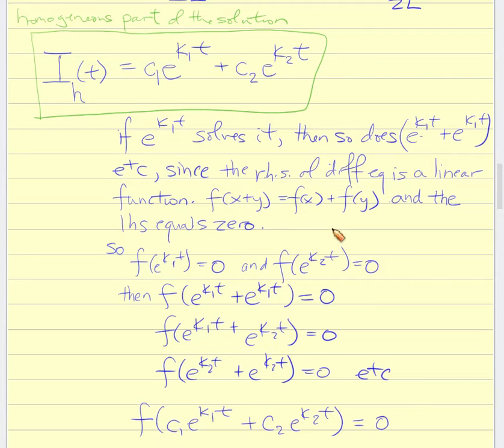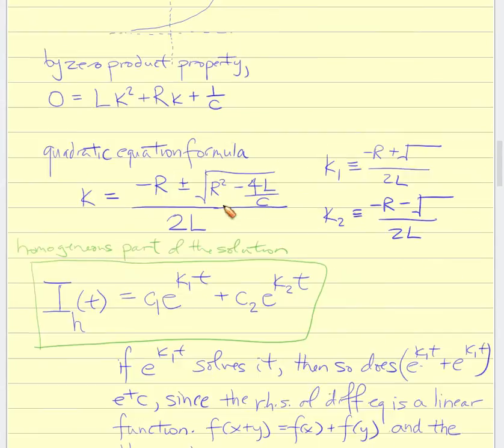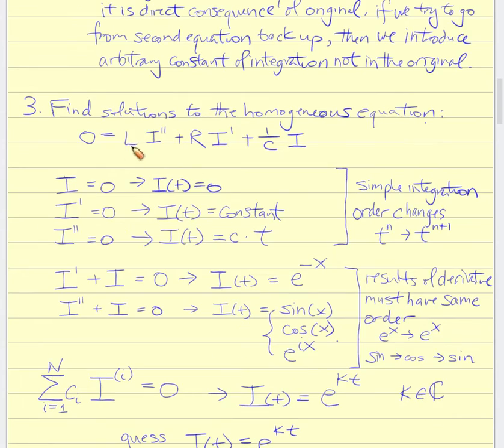So the other part of why any multiple of this e to the kt solution is also a solution is because the function itself equals 0. All this stuff here, this right-hand side of the differential equation, is equal to 0.